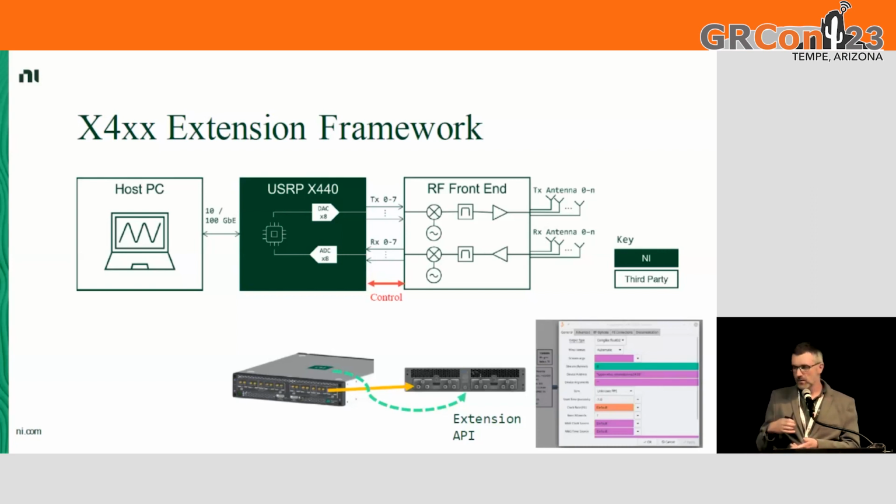It could have its own Ethernet connection, but in this case it actually uses the digital controls on the front end of an X410. The idea is that you tell UHD what you're trying to do, as in, I'm trying to run a USRP in combination with this RF extension box. And then UHD will abstract away the RF extension and try to make both devices appear as a single device.